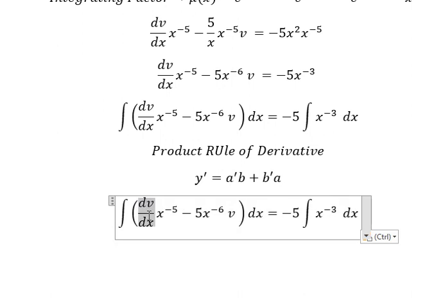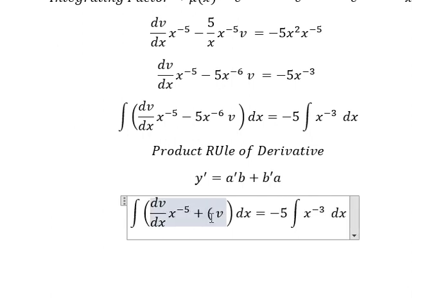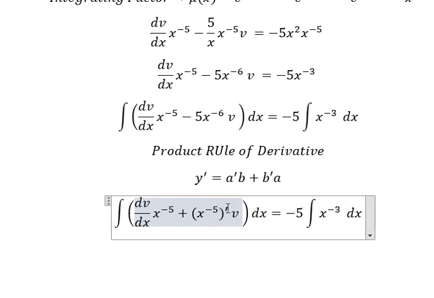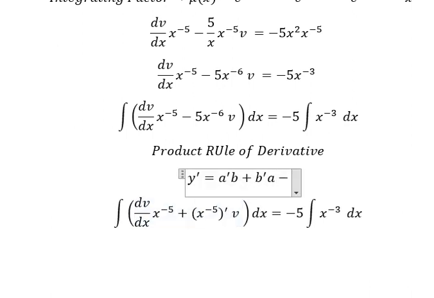So this one is the first derivative of a multiplied by b. This one is the first derivative of b multiplied by a. So the integration of this one, we have y equals ab.